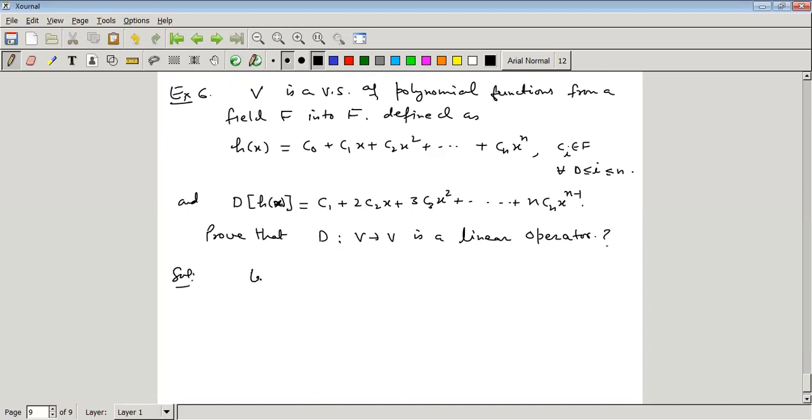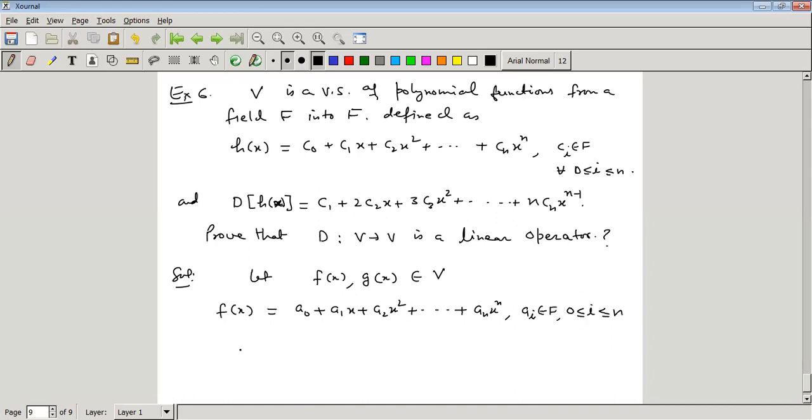So let f(x), g(x) be polynomials belonging to V. If f(x) belongs to V, then f(x) is a polynomial like a0 plus a1x plus a2x square plus ... plus anxn, such that ai belongs to the field F, i lying between 0 to n.